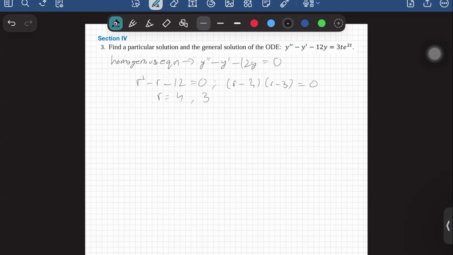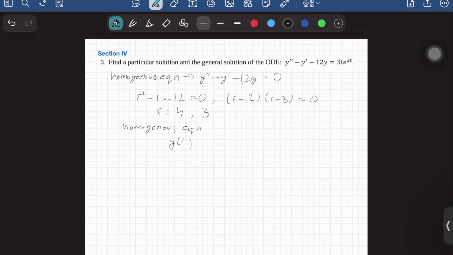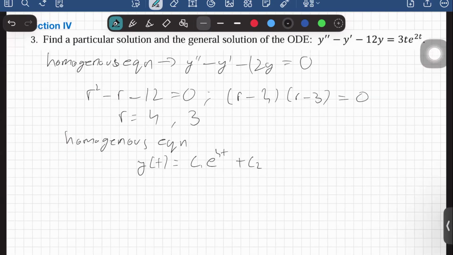Our homogeneous solution changes to y of t equals c1 e to the power of 4t plus c2 e to the power of negative 3t. I made a little error earlier: this is r plus 3, which gives us negative 3, and this gives us e to the power negative 3t.